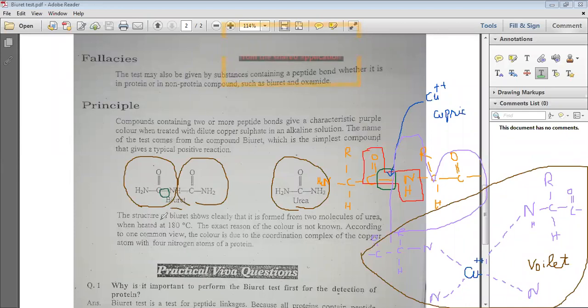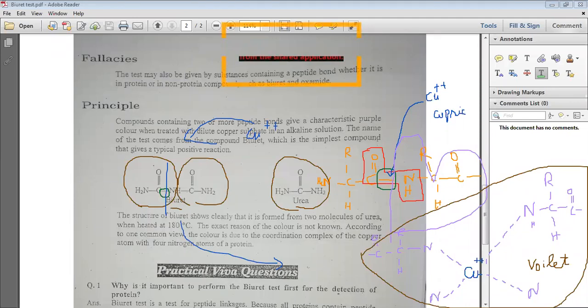When you add the copper sulfate in this biuret compound, when you add cupric ion in this biuret, it would also break this bond and make the complex like this, and again it would make the violet color. So the copper sulfate in alkaline condition also reacts with the biuret and makes the violet color. That's why this reagent is called the biuret reagent.